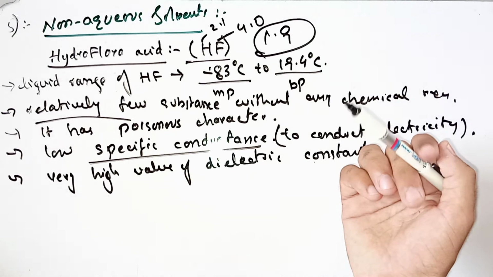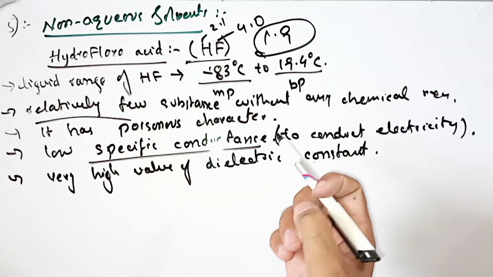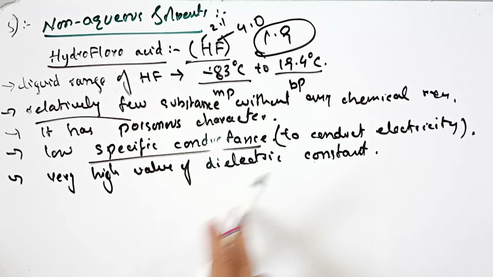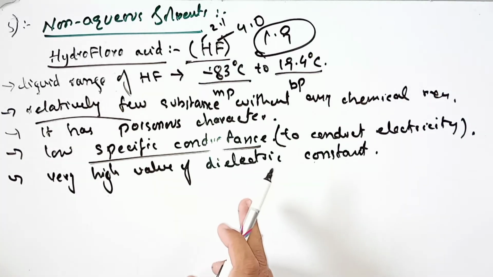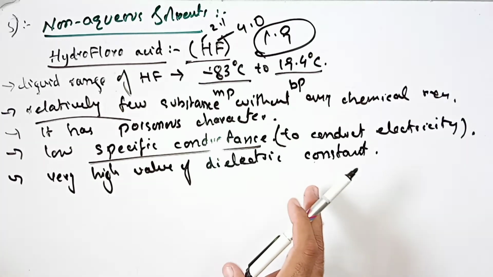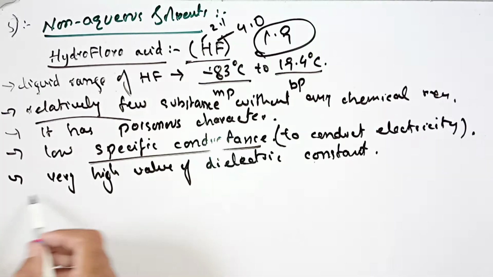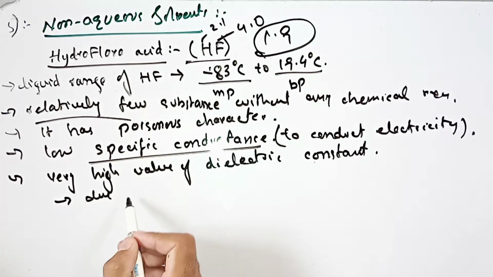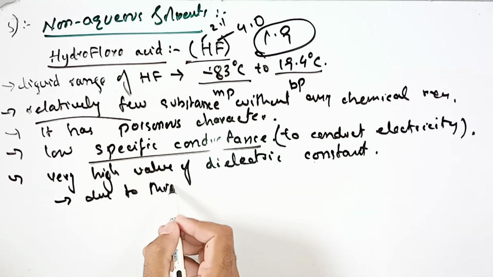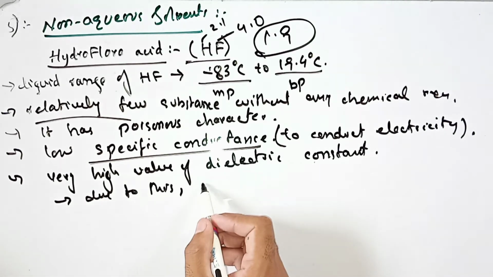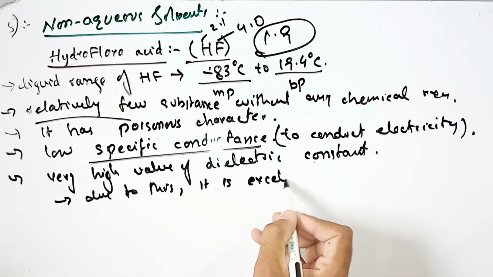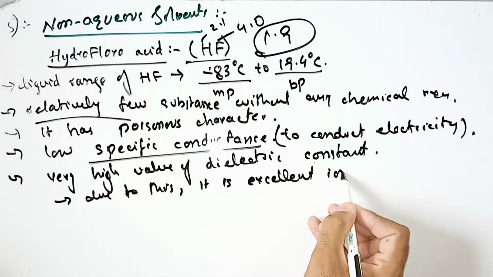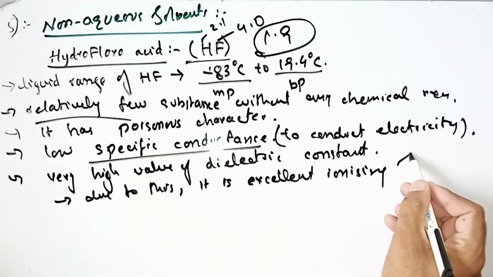That is why HF has a high dielectric constant value, and due to this high dielectric constant it is an excellent ionizing solvent.